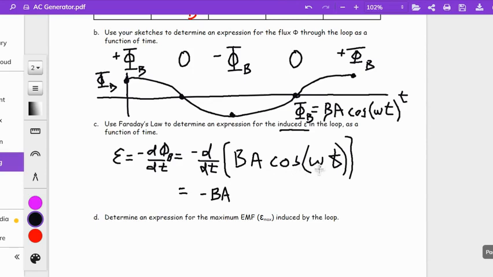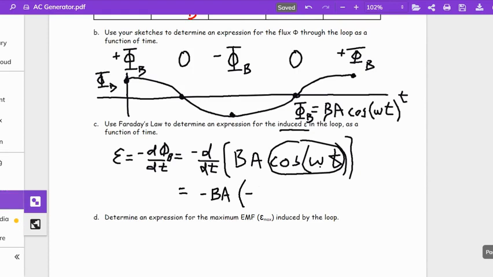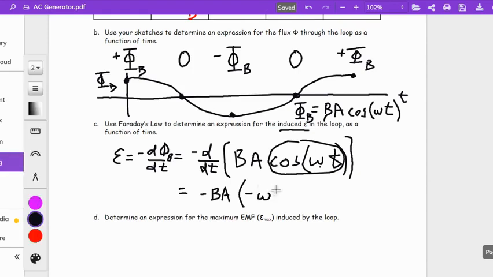And the omega is a constant, and so that pops out. So taking the derivative of cosine omega t leaves you with negative omega times the sine of omega t. That comes back.